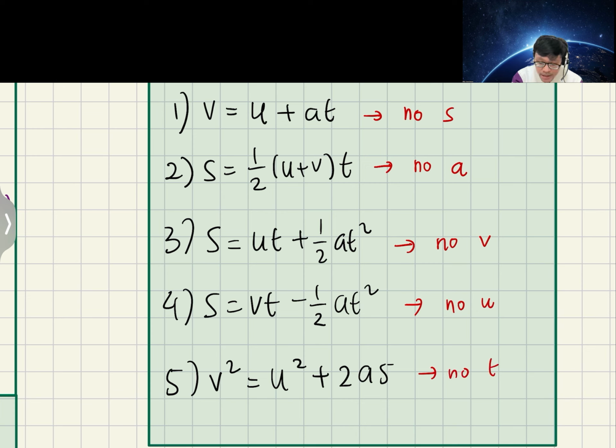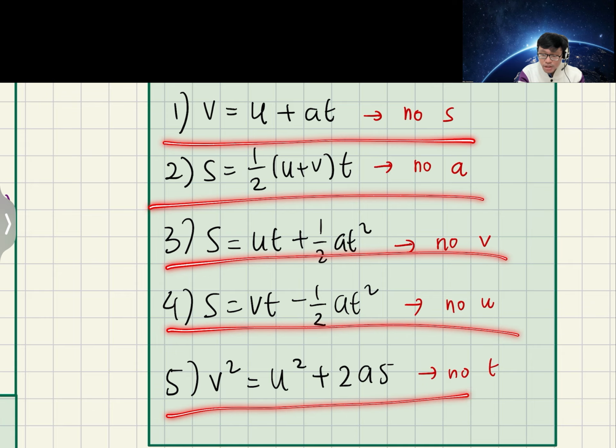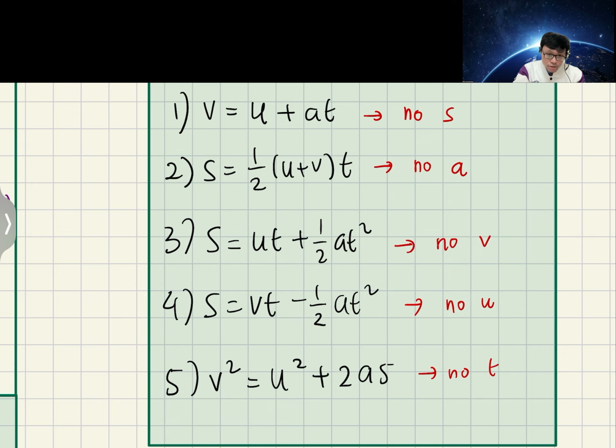So there is a missing variable. So in the question, if you don't know that and it's not the one that is being asked, do not use that. So look at the equation and choose wisely which formula that you want to use.